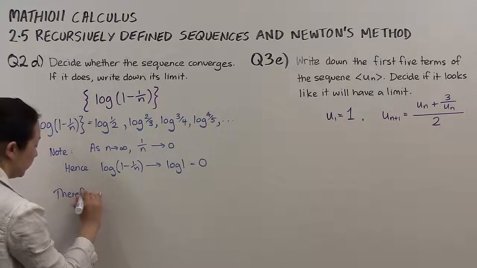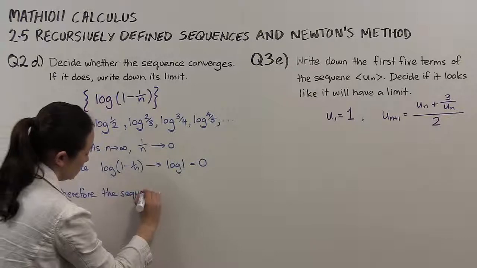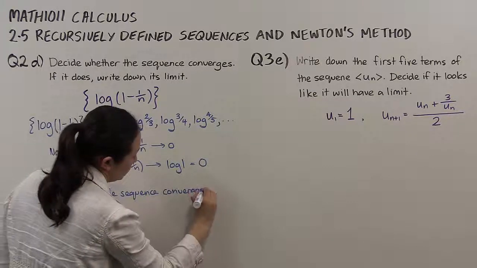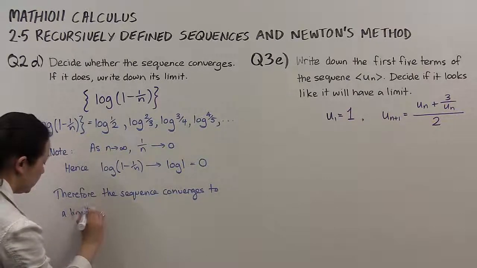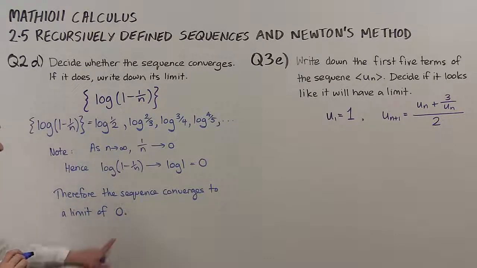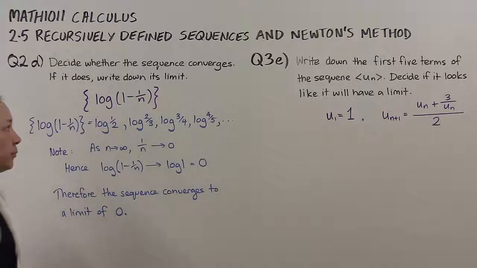So therefore, the sequence converges to a limit of log of 1, or log of 1 is 0, so a limit of 0. So that's an explicitly defined sequence there.